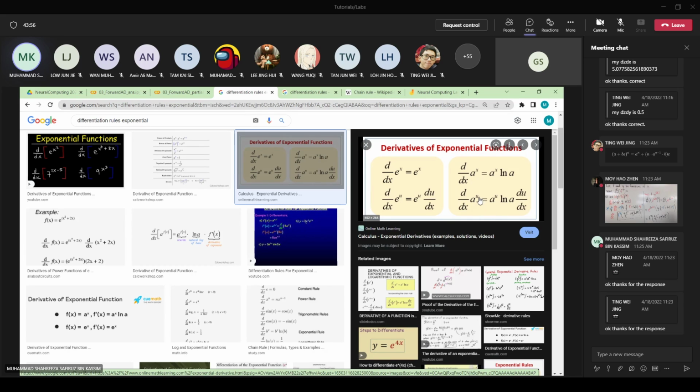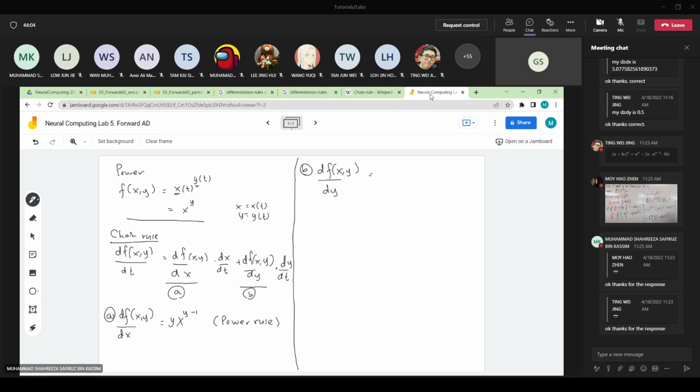In our case, because y is a function of t, here we'll have x to the power of y, times the logarithm of x. And then if you put all of them together.